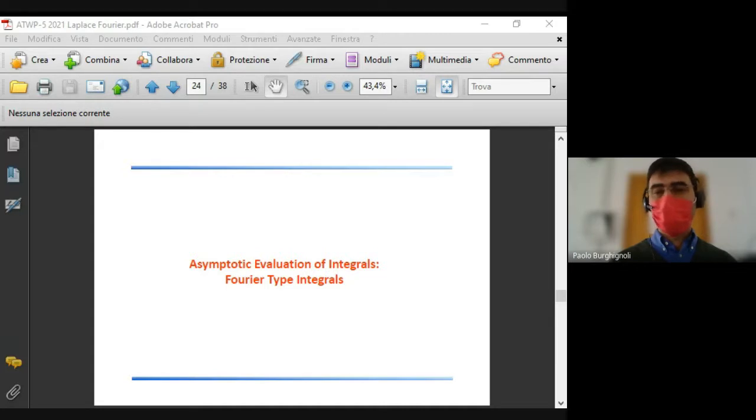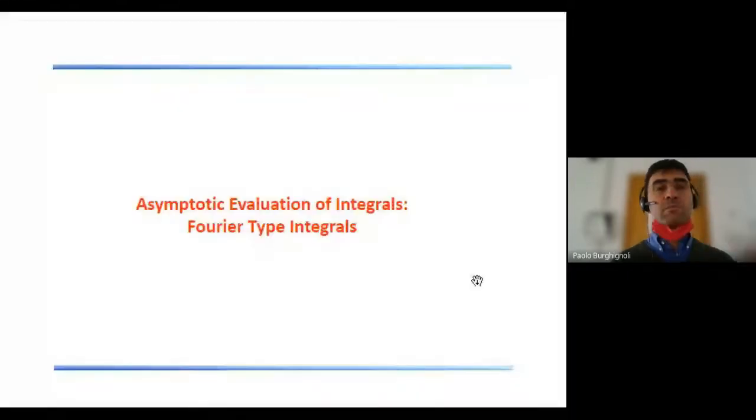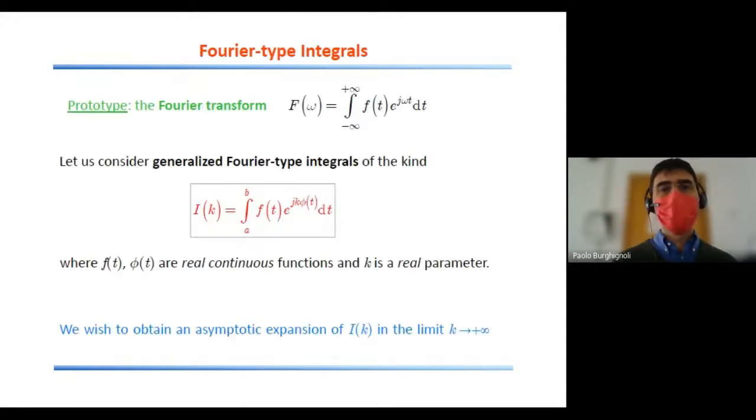Okay, here I am back. We will now examine a second class of integrals known as Fourier type integrals. The name comes from the prototype, which is the standard Fourier transform.